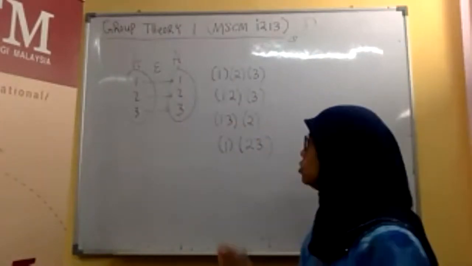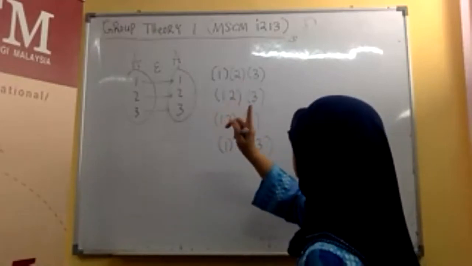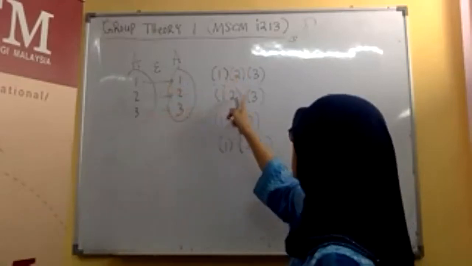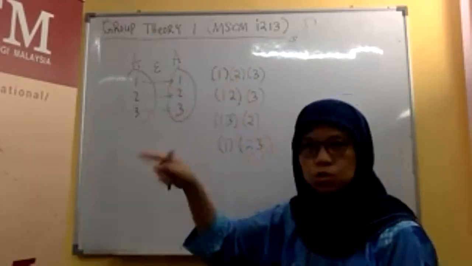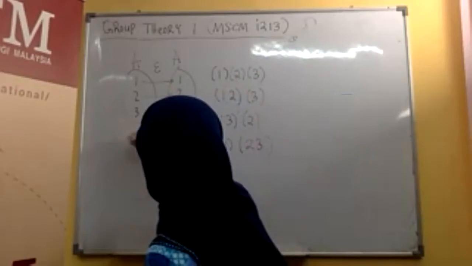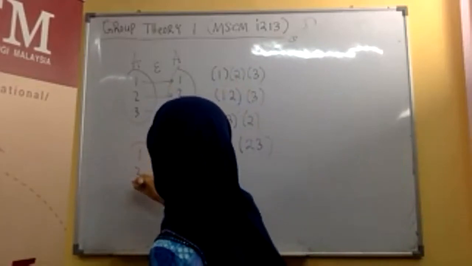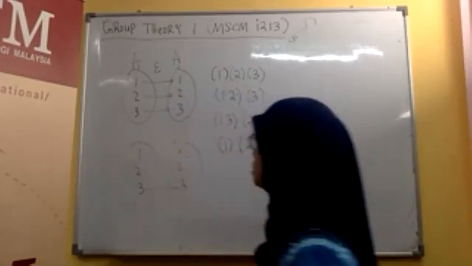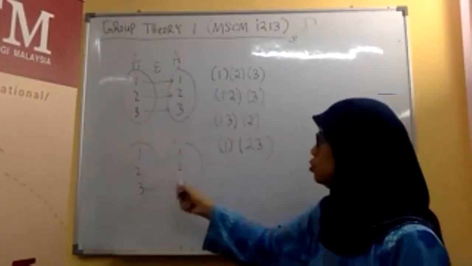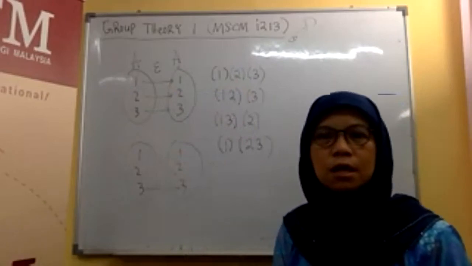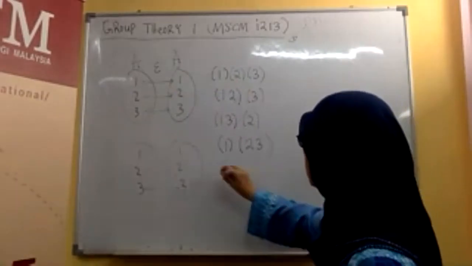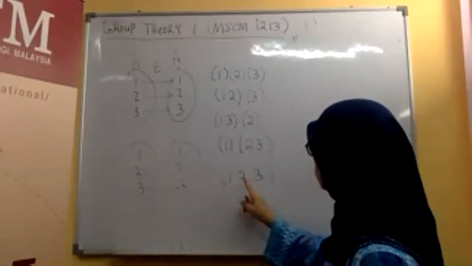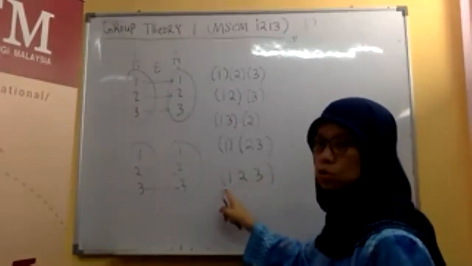So this means we fix 1, this means everything is fixed, and this means we fix 3. This one we fix the 3 and change the others, this one we fix the 2 and change the others. This is all still 1 to 1 and onto mapping. Or you can change all: 1 goes to 2, 2 goes to 3, 3 goes to 1.